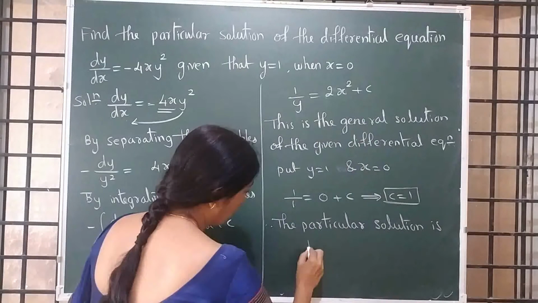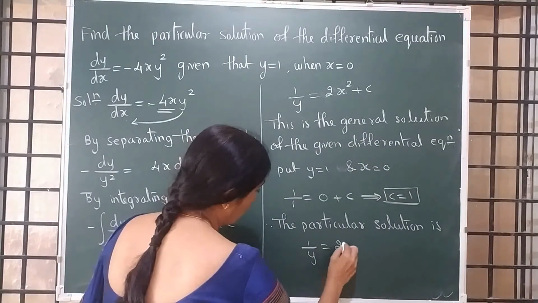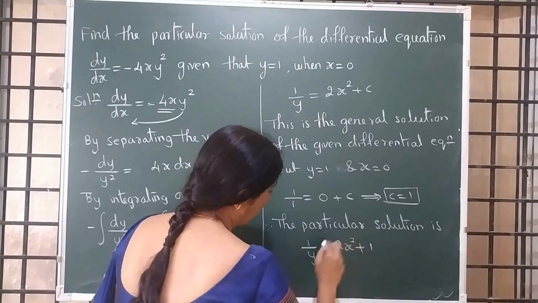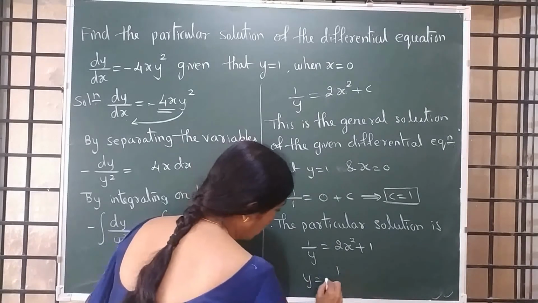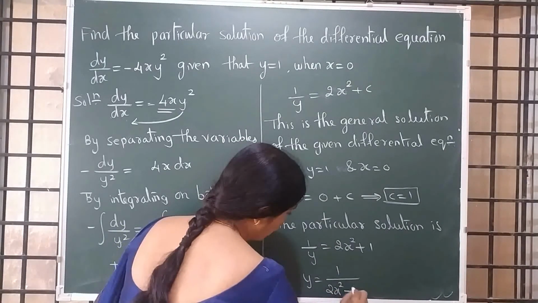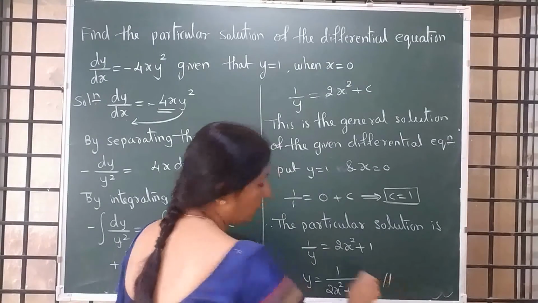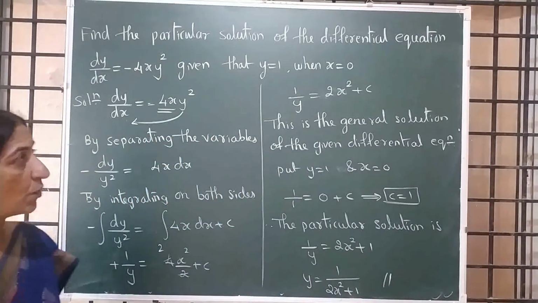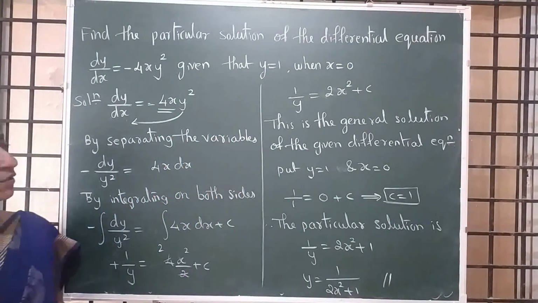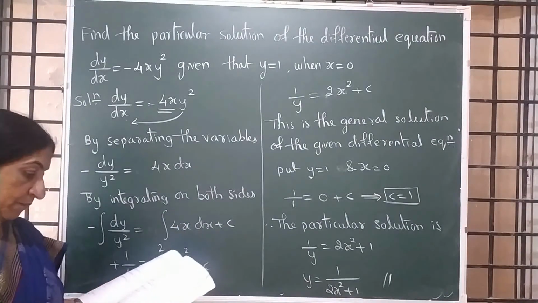In this, 1 by y is equal to 2x square plus 1, or you can write y is equal to 1 upon 2x square plus 1. This is the final answer. Is it simple or what? Yes. Moving to the next question.